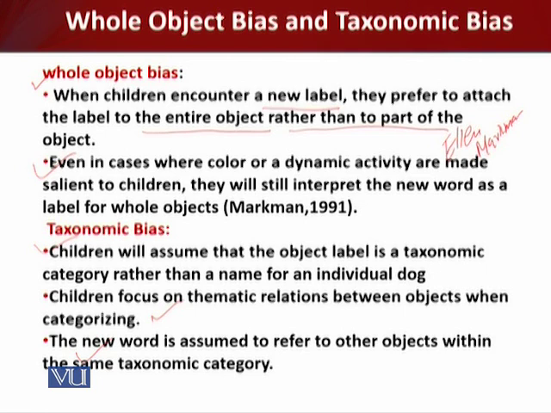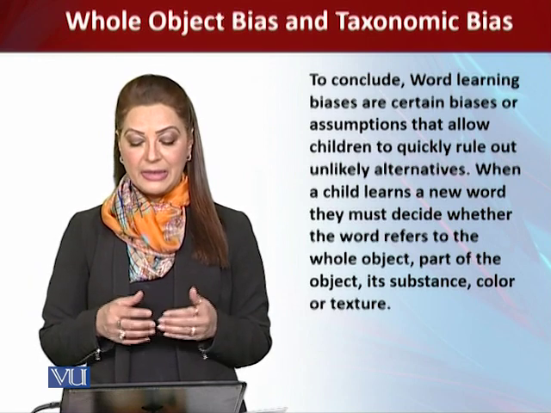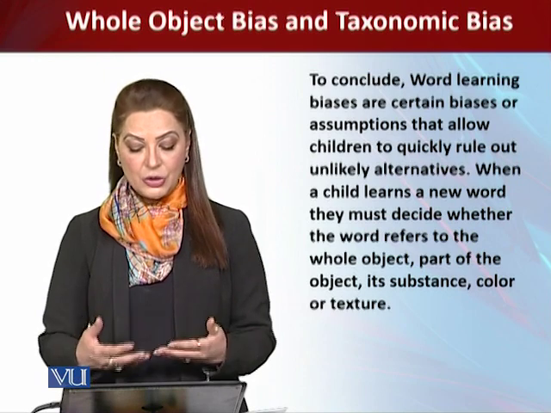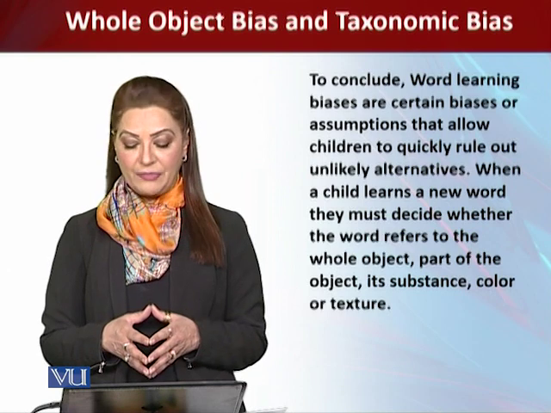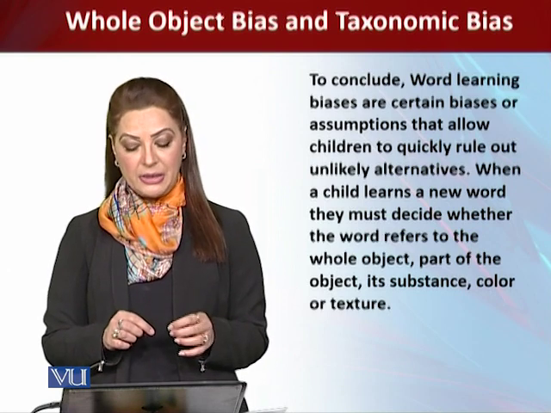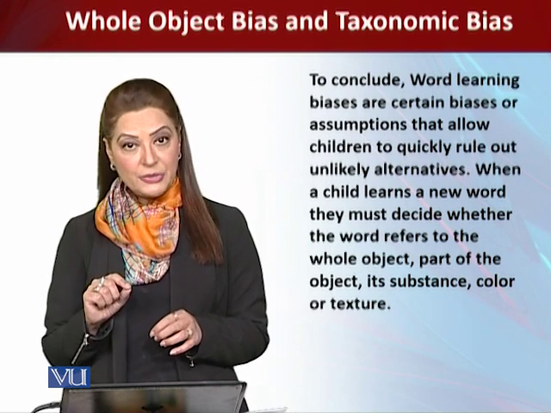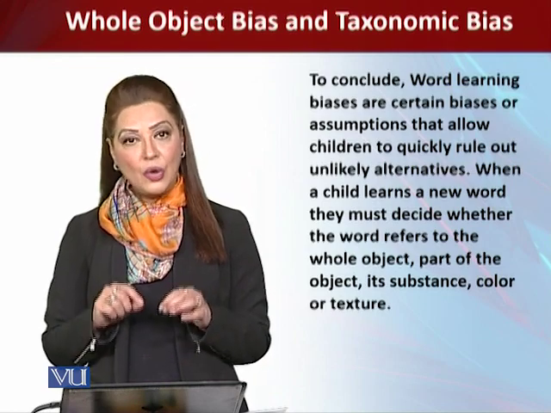However, if one of the dogs was labeled with an unfamiliar word, the children were more likely to select the two dogs. To conclude, word learning biases are certain biases or assumptions that allow children to quickly rule out unlikely alternatives. When a child learns a new word, they must decide whether the word refers to the whole object, part of the object, its substance, color, or texture.